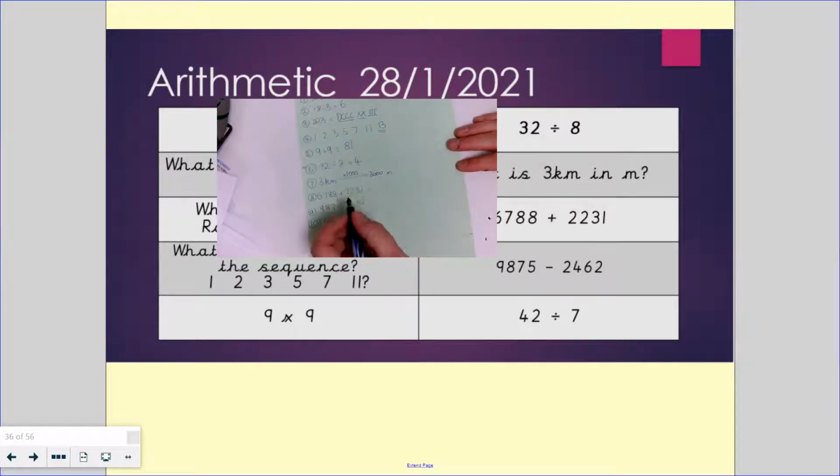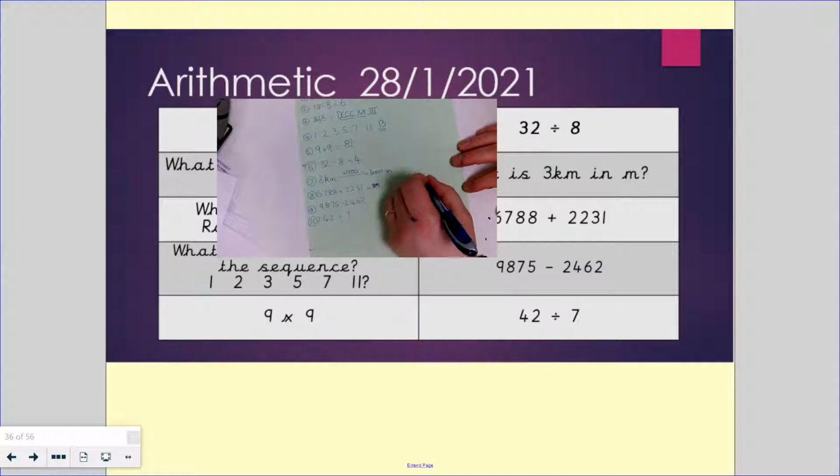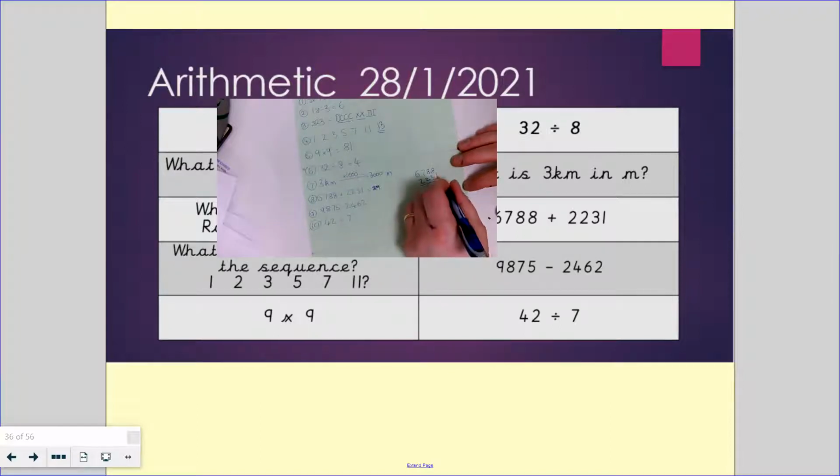This question here, let's have a look. We've got 6,000 plus 2,000, which is 8,000. 700 plus 200, which is 900. 800, ooh, this way won't work. So let's think about this one. I've now noticed that I'm going to have to exchange. So I may want to quickly write this down like this. 8 plus 1 is 9. 8 plus 3 is 11.